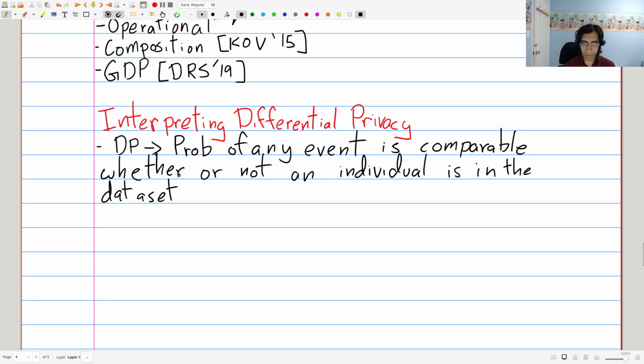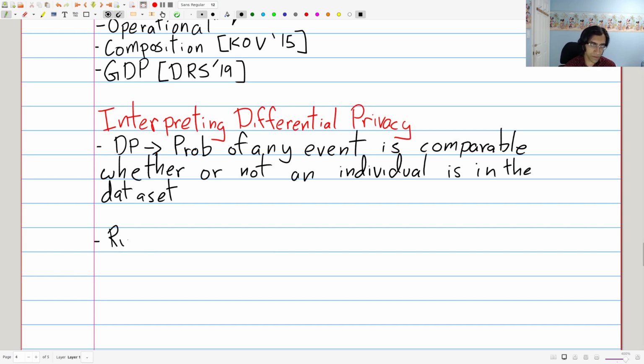In this very simple way of stating it, we can immediately see that this will be useful for a number of reasons. It essentially says any bad thing that can happen to you is not much more likely if you participate in the experiment or this algorithm compared to if you withheld your data.